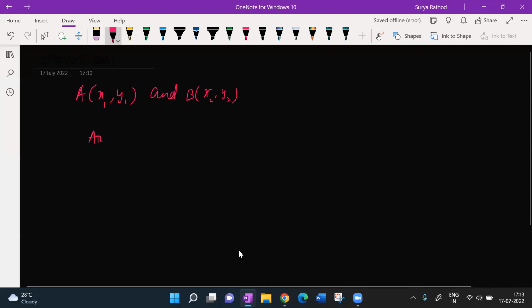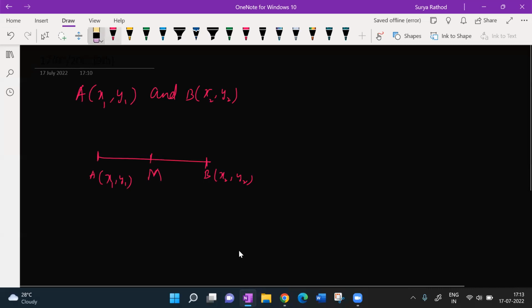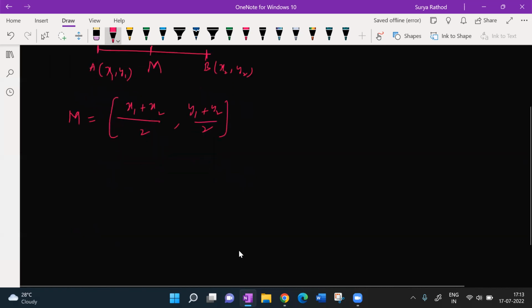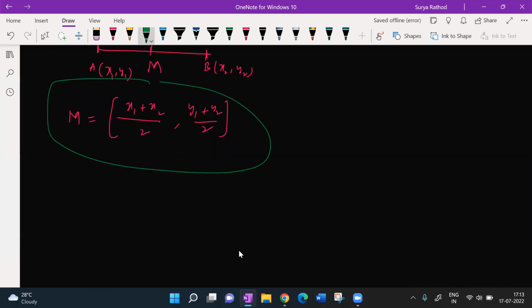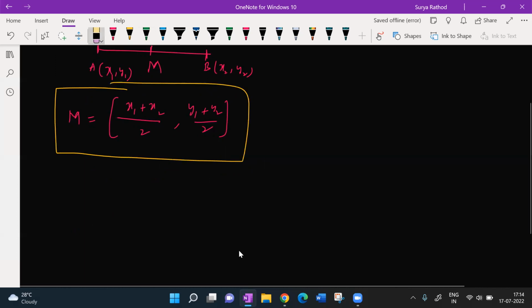There is a line segment called AB, and there is a midpoint, let's say M. The midpoint formula is x1 plus x2 by 2, y1 plus y2 by 2. Correct, this is the midpoint formula. It is a case of internal division.